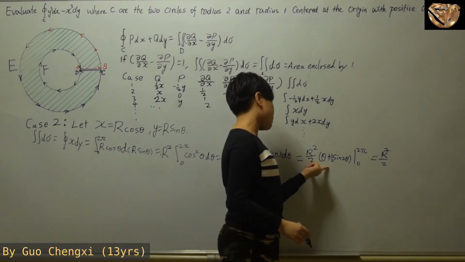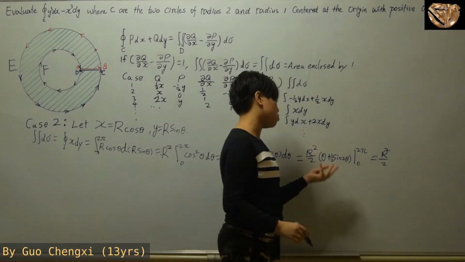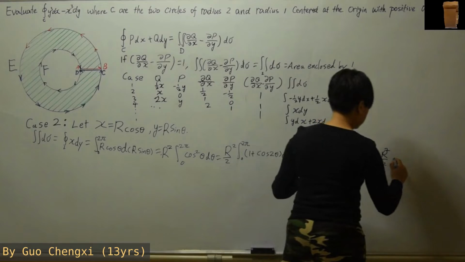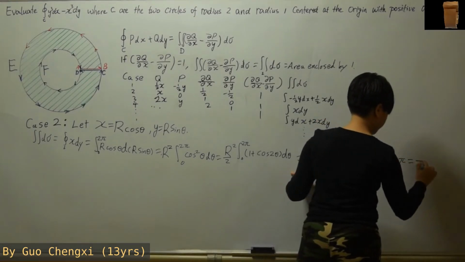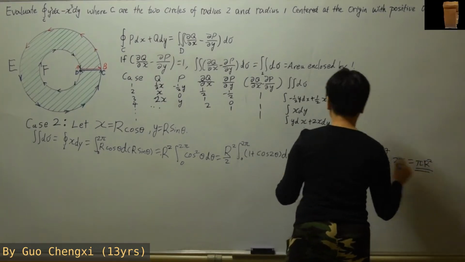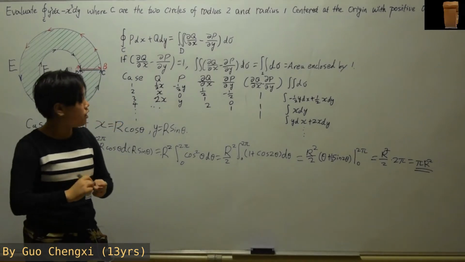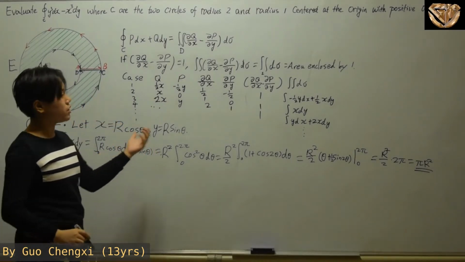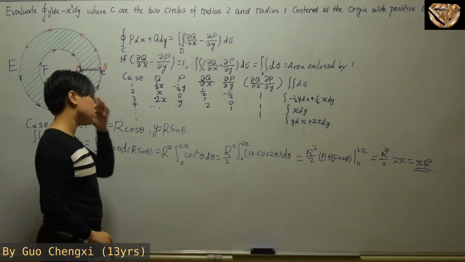For the theta, if we substitute 0, it will still be 0, but if we substitute 2 pi, you'll get 2 pi, and thus you can simplify and you'll get pi r squared. Now you may realize that the result we get is equal to the area of a circle.